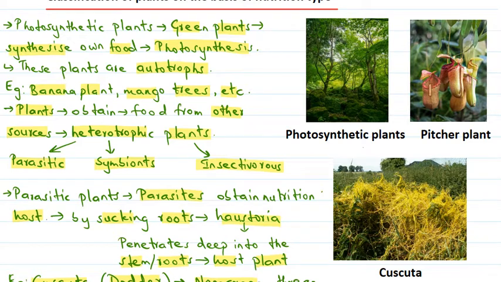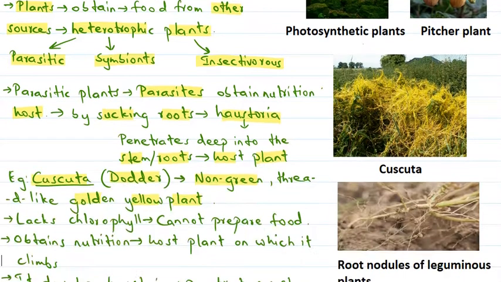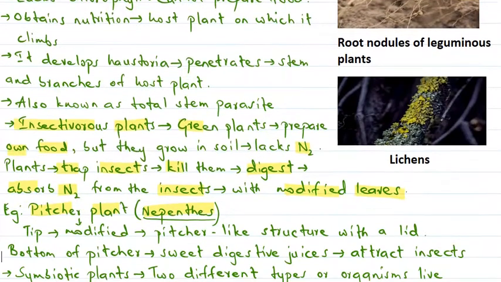And inside the pitcher there are hair-like structures so that once the insects get trapped in the pitcher they cannot come out, and the digestive juices present inside the pitcher help in digesting the insect that gets trapped, and in turn it derives its nitrogen requirement by digesting that insect.